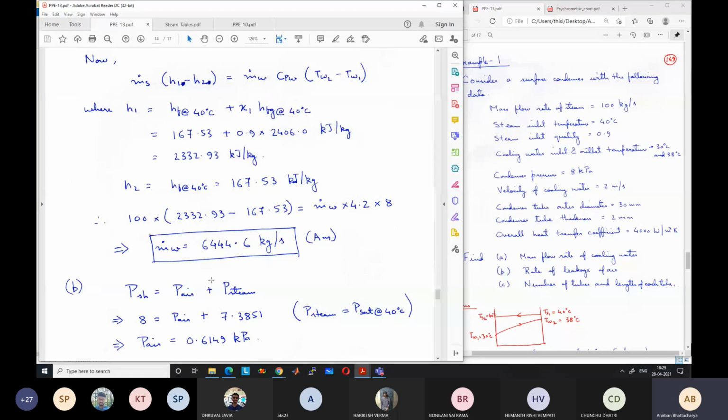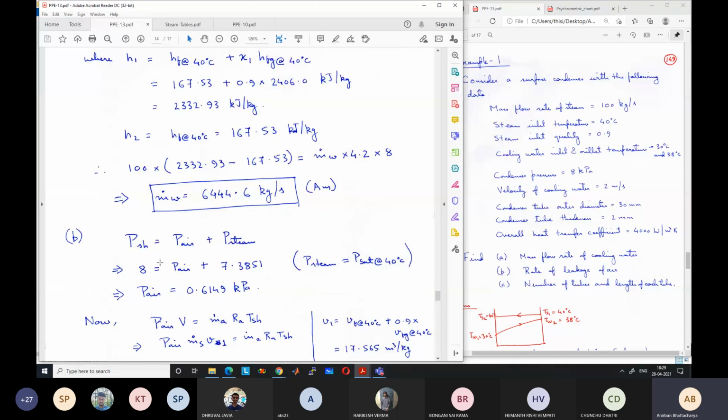Now we have to find the rate of leakage of air. The shell pressure, the condenser pressure, is given as 8 kPa, which is equal to partial pressure of air plus partial pressure of steam. Partial pressure of steam is the saturation pressure at 40 degrees centigrade, which is 7.3851.